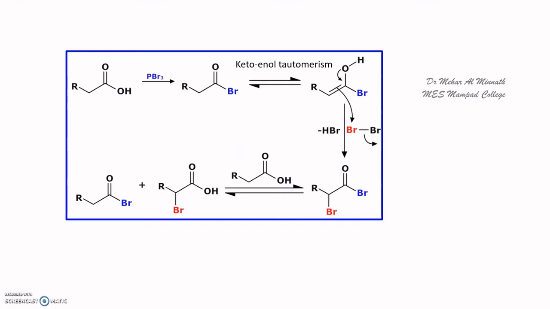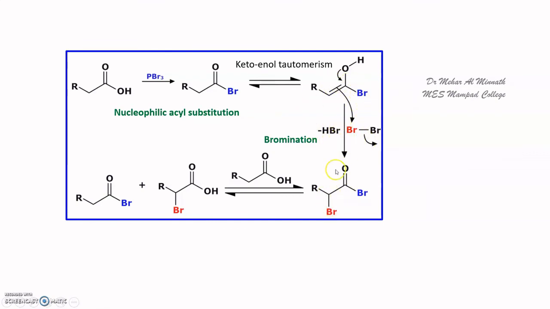Now the mechanism here: you have the carboxylic acid, the OH is removed and the Br is replaced, so you get nucleophilic acyl substitution here. Br minus gets attached over here, and then this undergoes ketoenol tautomerization. Then in this step bromination happens.